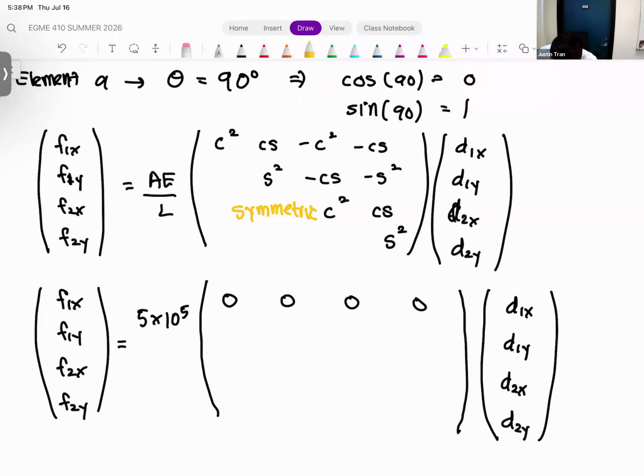So every time you write an entry, you're going to write it into the corresponding value in the column as well. So since that second entry was 0, that entry is going to be 0 as well. The third entry in that row is 0. That means the third entry in the first column is going to be 0 as well.